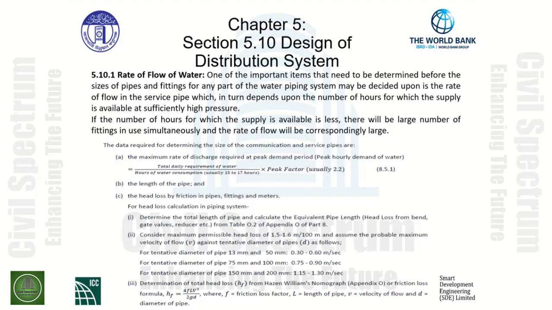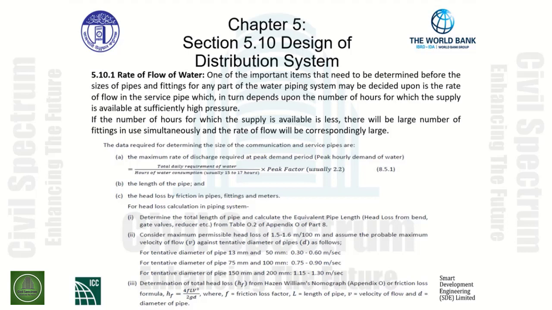In other words, head losses from bends, gate valves, reducers, and other equipment and fittings on the piping system from table 0.2 or appendix O of part 8. We will find specific information in appendix O for the design of the distribution system.